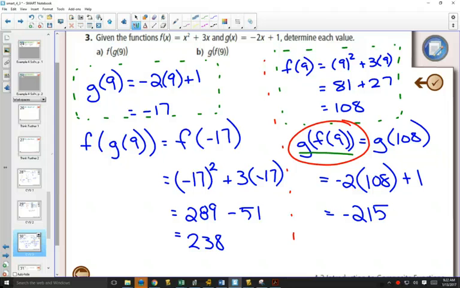Okay? This is like 1, 2, 3, 4, 5, 6, 7 letters. For some of you, that's less than your name. It does not take a long time to write your name. It does not take a long time to show good notation.